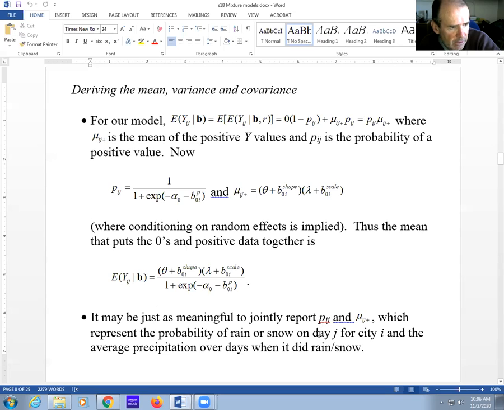So my last comment here on the slide is, you could just report by city. Or you could jointly report, sorry, back up a second. You can jointly report the probability and the mean and not force them to be combined, right? Because this distribution is probably going to be bimodal.